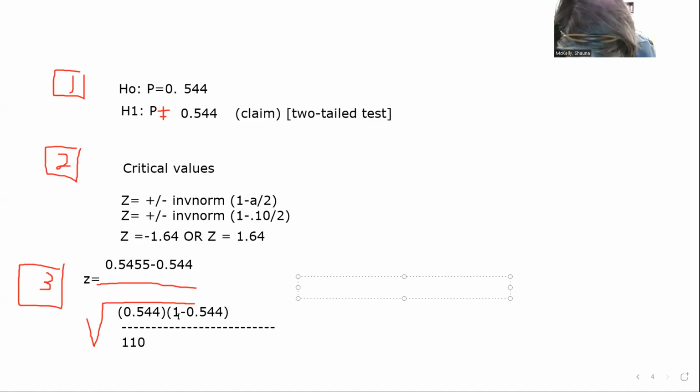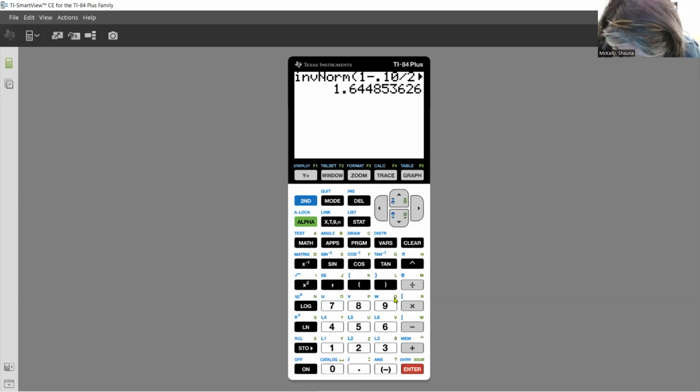So it's going to look like this. Before we do the square root, we open parenthesis, 0.5455 minus 0.544.